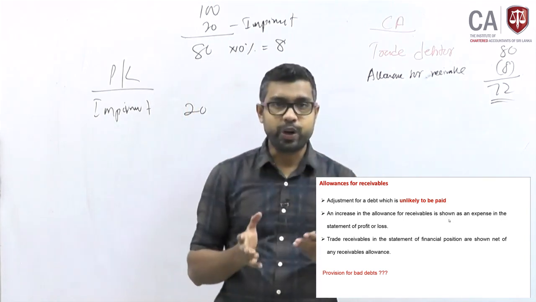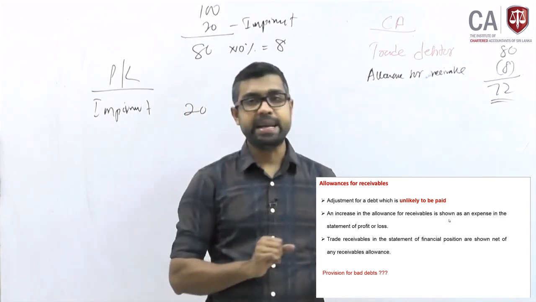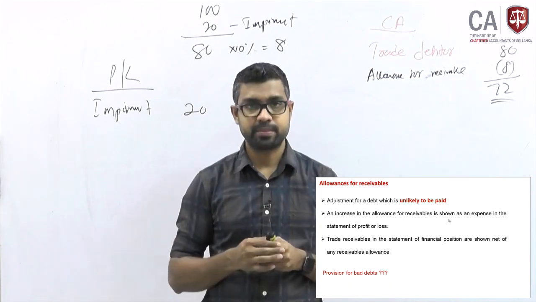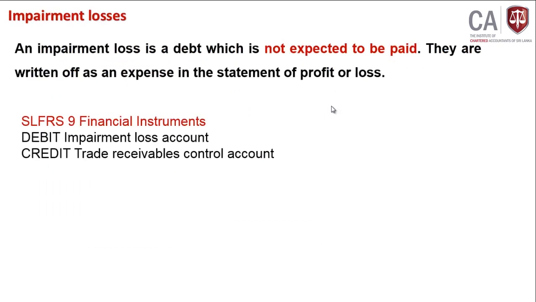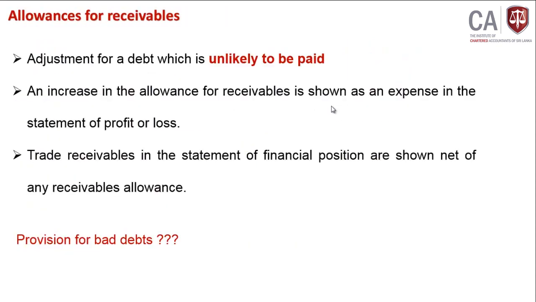In short, what you need to understand is that impairment and allowance for debtors are two different things. Impairment means not expected to be paid. Allowance for receivable means unlikely to be paid.